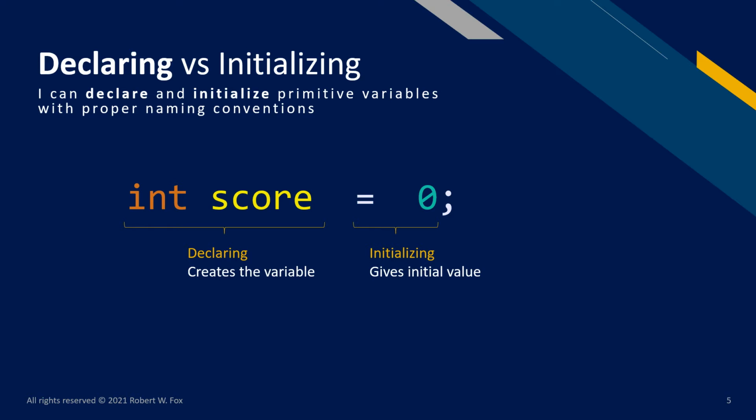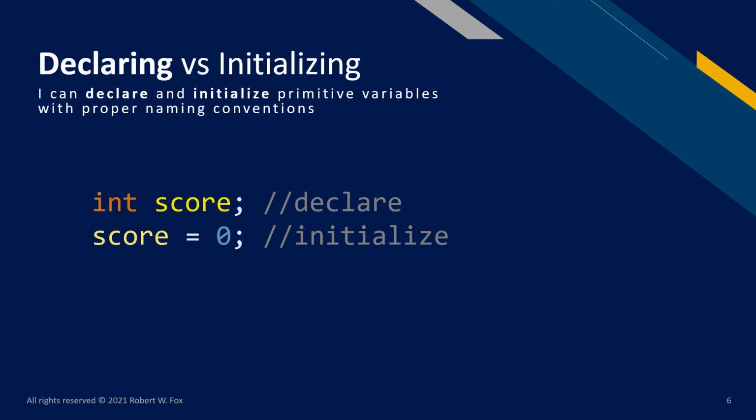And you can see in this example, we are doing both of those on the same line of code. To help you understand the difference further, here's the same declaration and initialization, but done in two separate lines. On the first line, we create the variable, and on the second line, we give it its initial value.